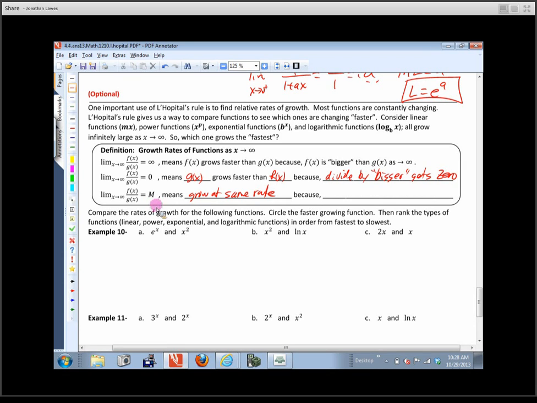What we mean by when they grow at the same rate is there's a number that quantifies how big one is in comparison with the other. Okay? Because there is a number that represents how big one is in comparison.